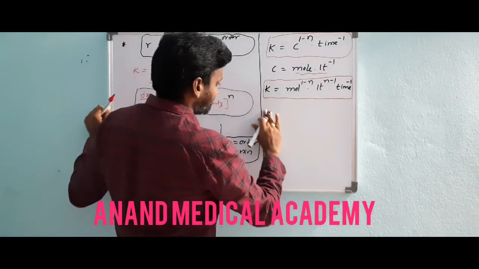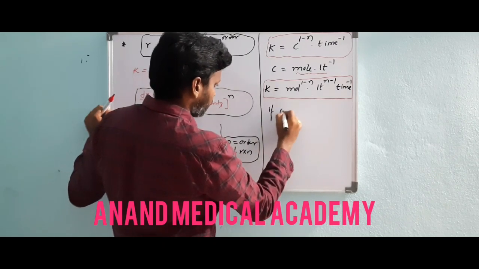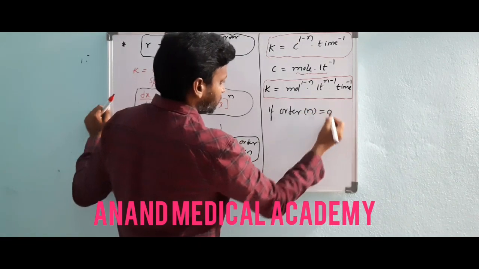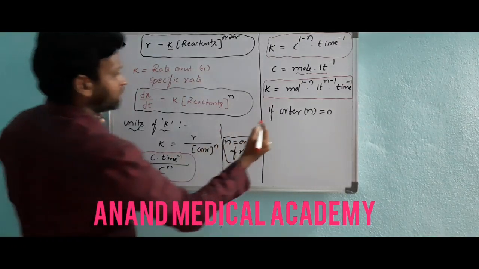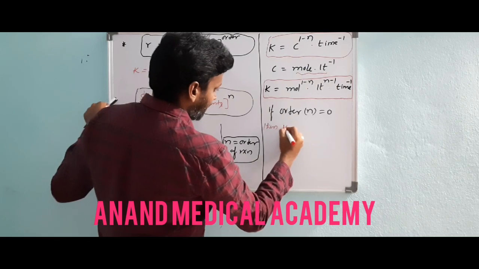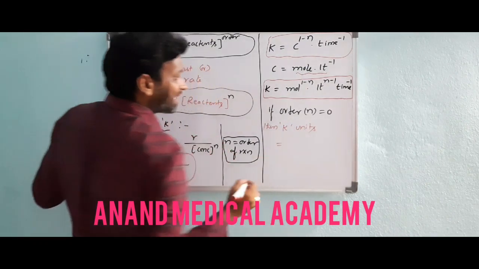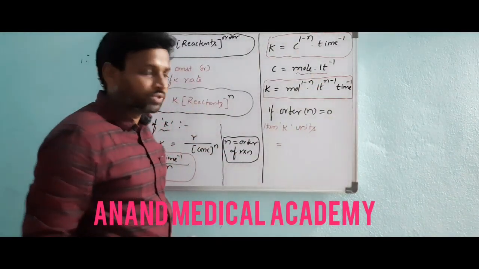If order n is equal to 0, then the reaction is called a 0 order reaction. Then what is the K units? Because n value is 0, you have to substitute.